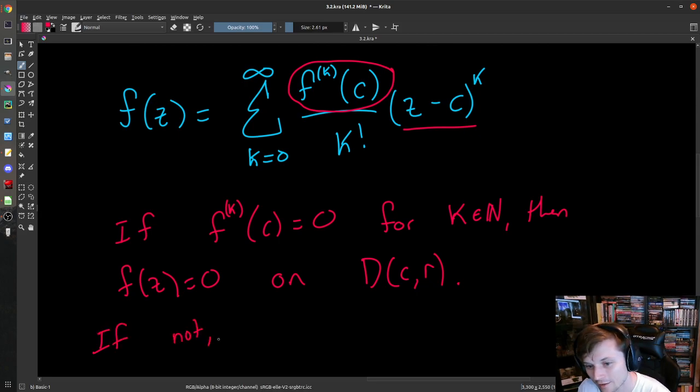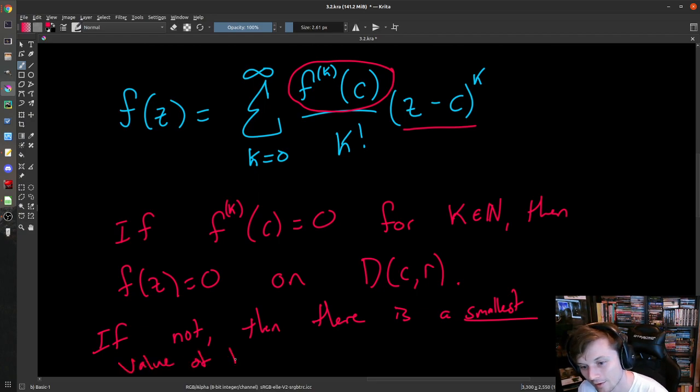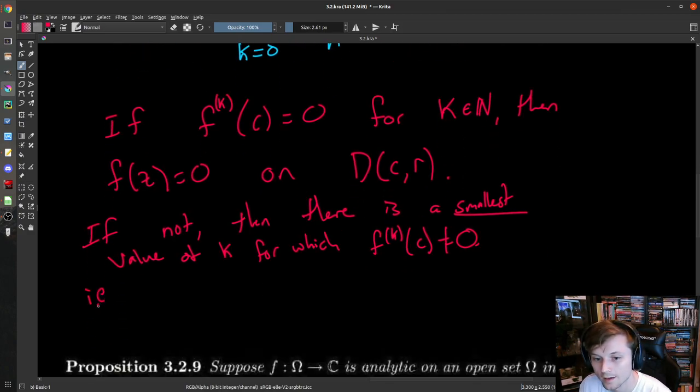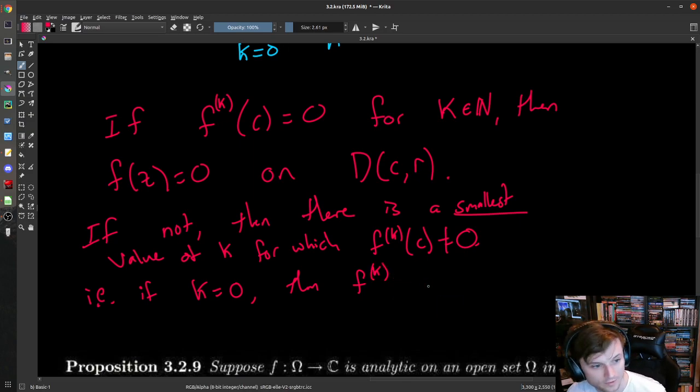If not, then there is a smallest value of k for which the kth derivative of f at c is not equal to 0. That is, if k equals 0, then f of c is not equal to 0, right?